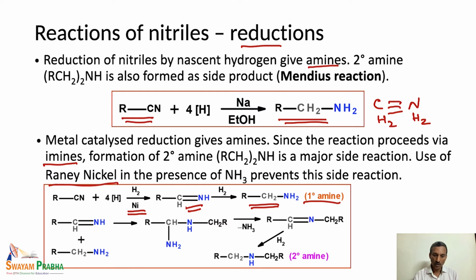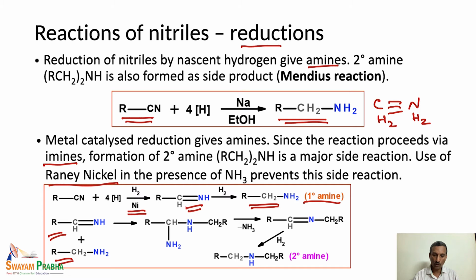But if we are not using Raney nickel as the catalyst, then the reaction may proceed in a slightly different way. What happens is the imine now reacts with the formed primary amine. So if the reaction produces some amount of primary amine, some amount of imine is also formed in that reaction.